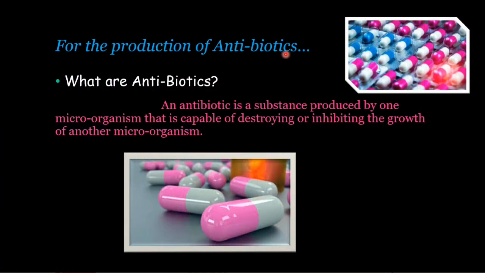So, the production of antibiotics. In the medical field, microbes are firstly used for the production of antibiotics. So what are antibiotics? An antibiotic is a substance produced by one microorganism that is capable of destroying or inhibiting the growth of another microorganism. You can see here some types of antibiotics.